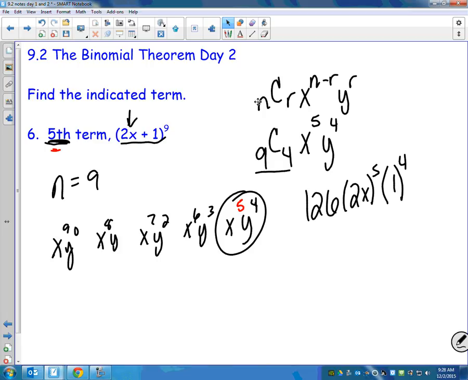So that would be 126 times 32, because 2 to the 5th is 32, x to the 5th. That would be 4,032 x to the 5th. That would be it, because the y is just 1.